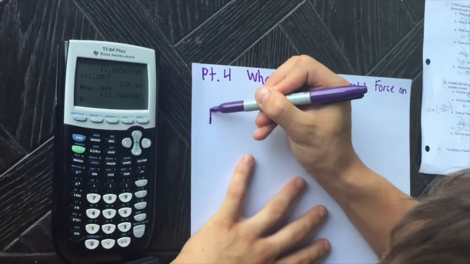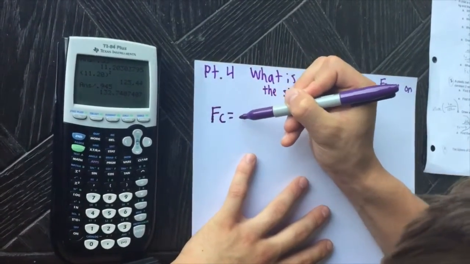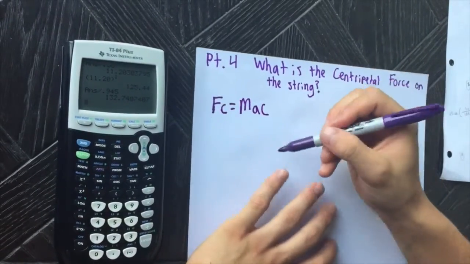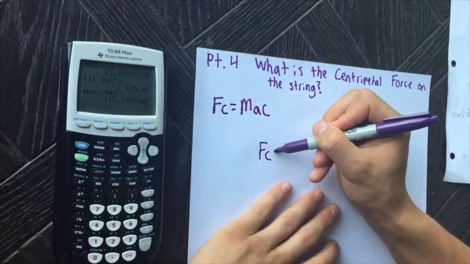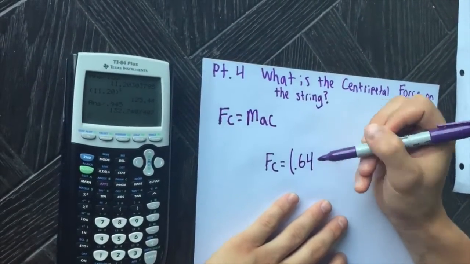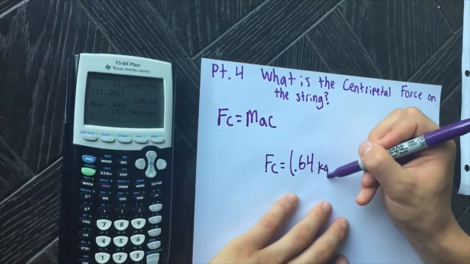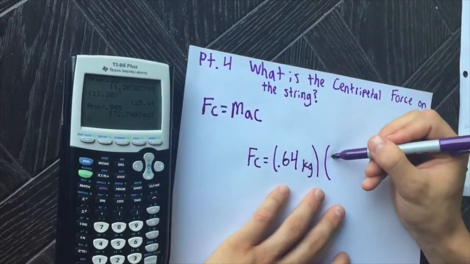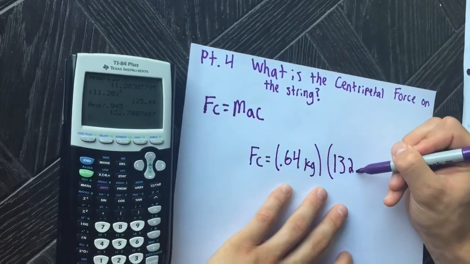Part 4. What is the centripetal force on the string? For this question, I use the formula Fc equals MAC. Fc equals 0.64 kg, which is the mass, times the centripetal acceleration, which is 132.74 meters per second squared.